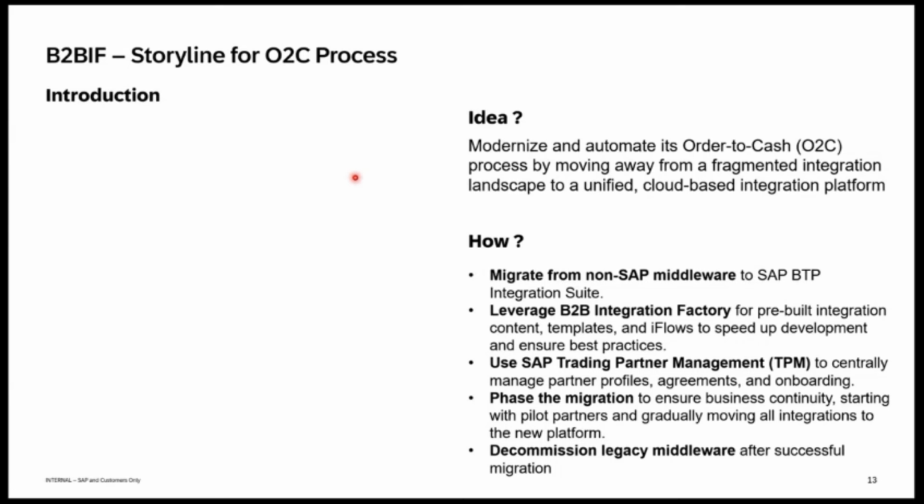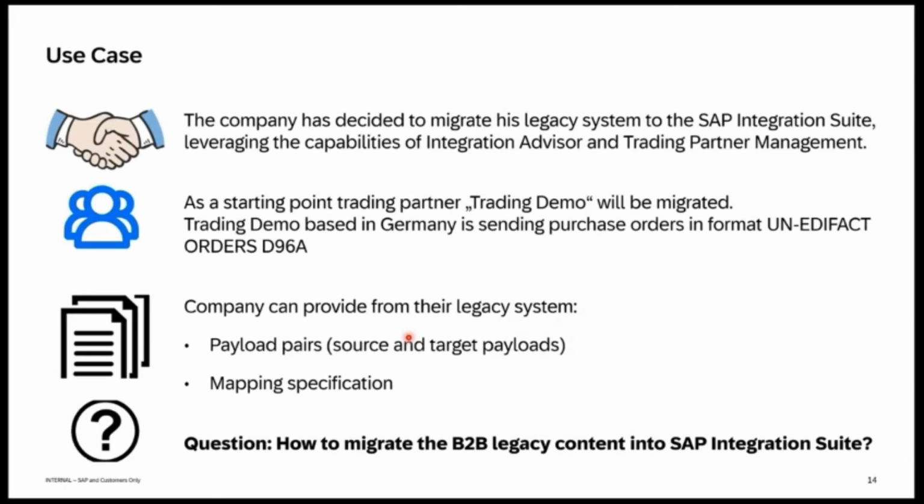These iFlows and templates, you can also find freely available on the SAP Business Accelerator Hub. They would also be using our SAP Trading Partner Management to centrally manage the partner profiles, agreements, and onboarding. Once the migration is successful, they would be decommissioning their legacy middleware.